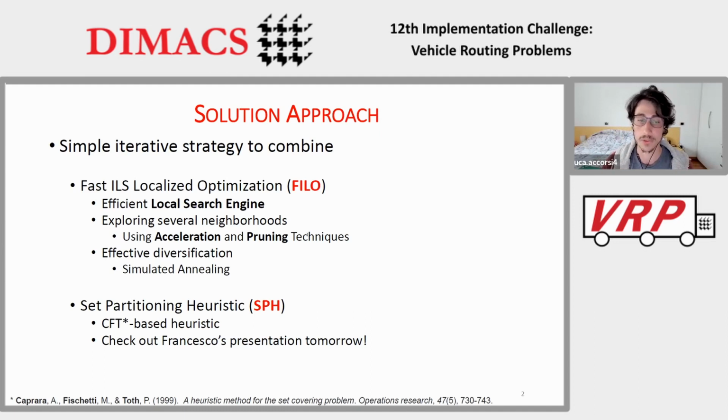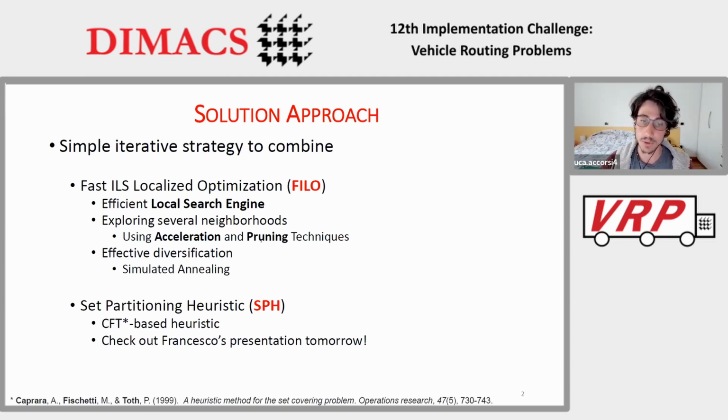In particular, we use static move descriptors as an acceleration technique to perform an efficient evaluation of a neighborhood without re-exploring a portion of the neighborhood which cannot give us any improvement.